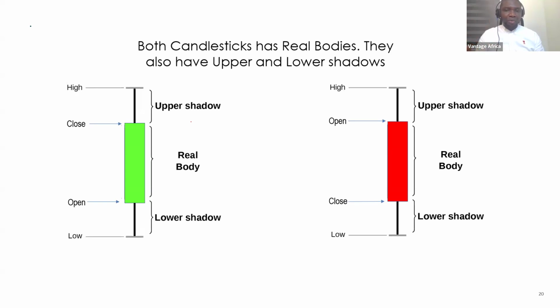And that's what we said earlier: for a green candlestick, price moved from a low point to a high point in a period of time, let's say 1 hour. Now for a red candlestick, price moved from a high open, a high place, to a low place, which means there is a decrease, a depreciation in price in that period of time. So that's where the flip comes from.